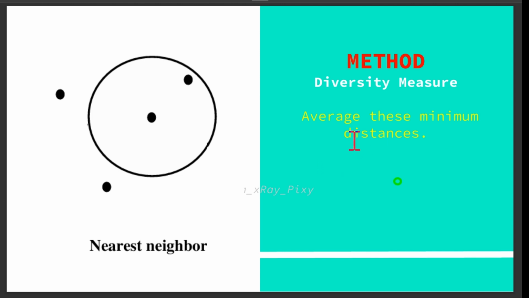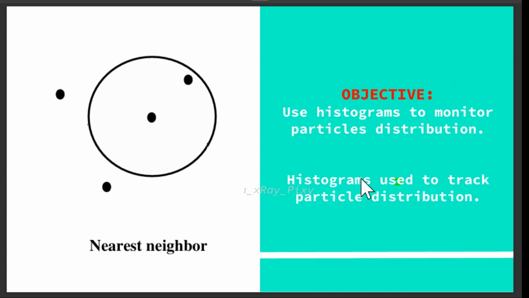Second, diversity measure: we will average this minimum distance across all particles to get a measure of overall diversity. So in the PSO algorithm, during the repulsion phase, if the average nearest distance is below a certain threshold, apply repulsion force to increase the distance and improve diversity.